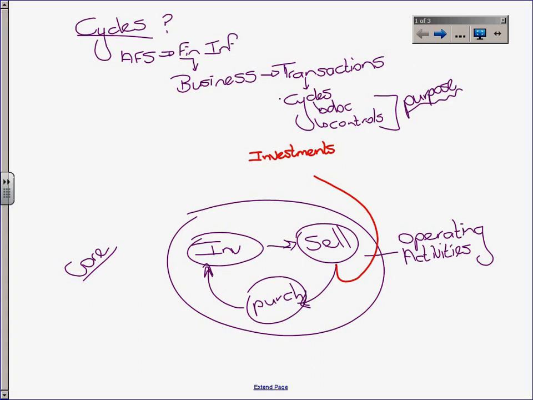So we have investments. There's also the possibility that in order to get your operating activities running, to get your company running and expand operations, you may need additional finance.